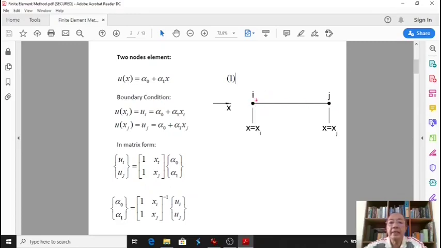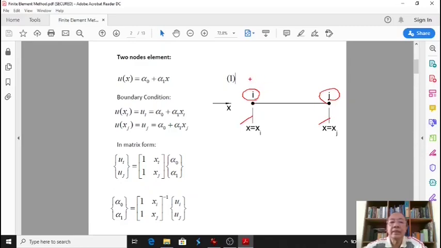I and J represent the node and the coordinate. At node I, x equal to xi, and at node J we have x equal to xj. This is just the position of the node.